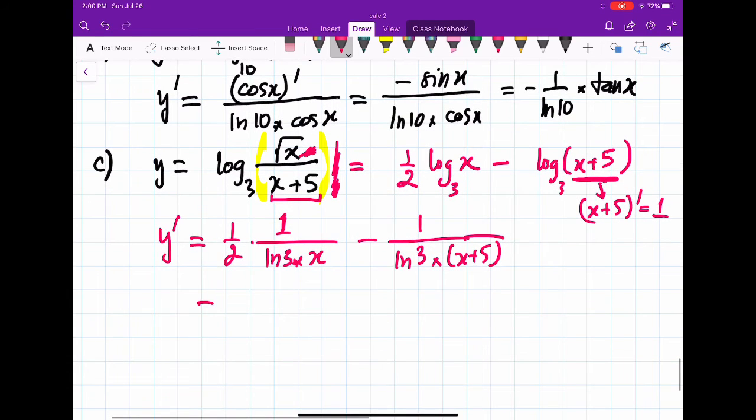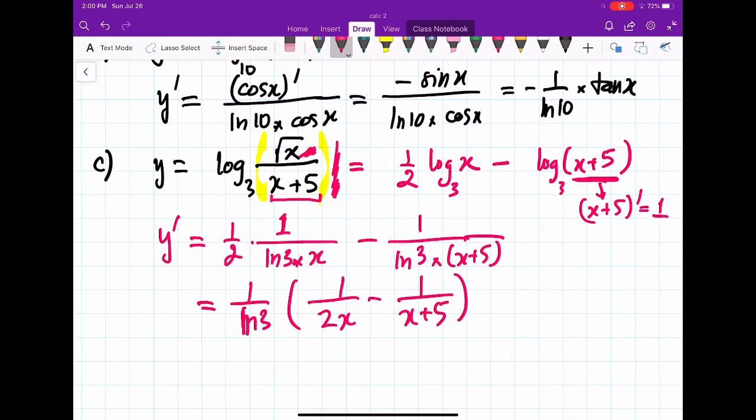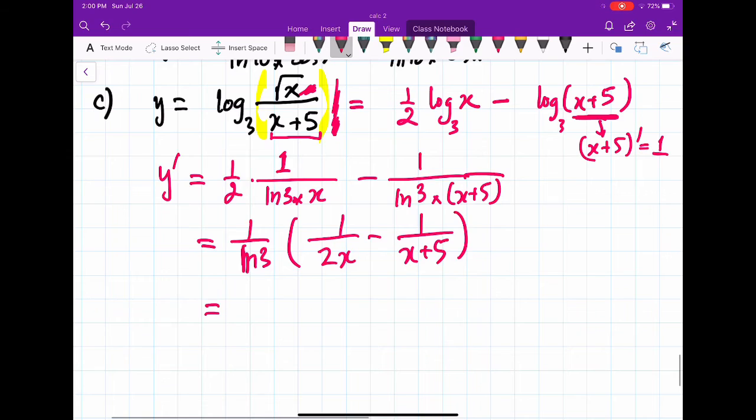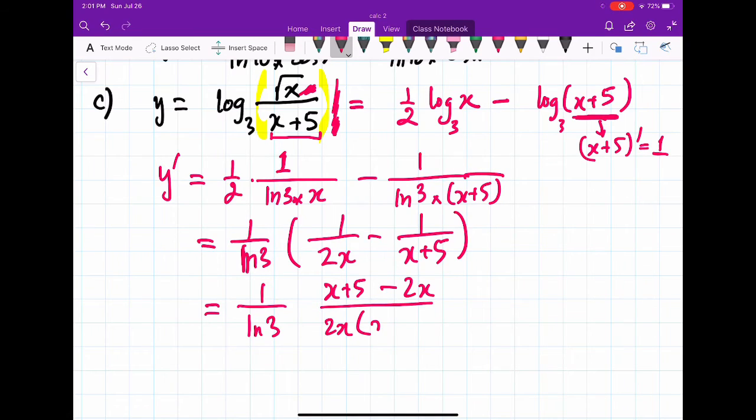Look at this. I can take 1 over ln 3 out because that is just a common coefficient, right? In here I have 1 over 2x minus 1 over x plus 5. Okay, if you want to make that more beautiful, you can write x plus 5 minus 2x over 2x times x plus 5, that is the common denominator.